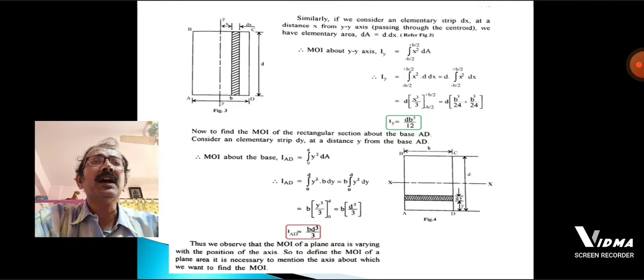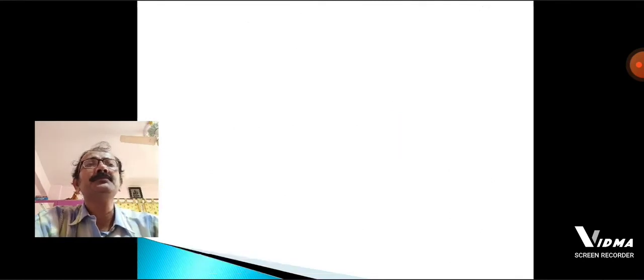Finally IAD is bd cube by 3. So we observe that the moment of inertia of a plane area varies with the position of the axis. So to define the moment of inertia of a plane area, it is necessary to mention the axis about which we want to find it.